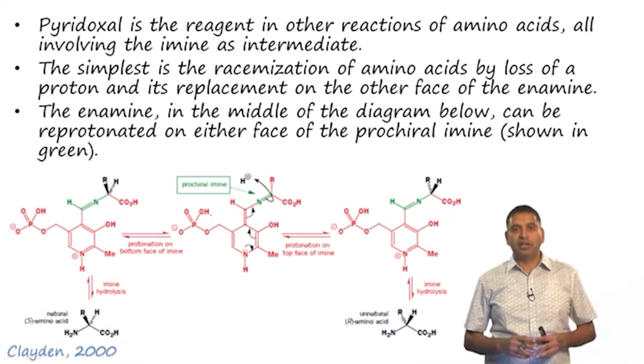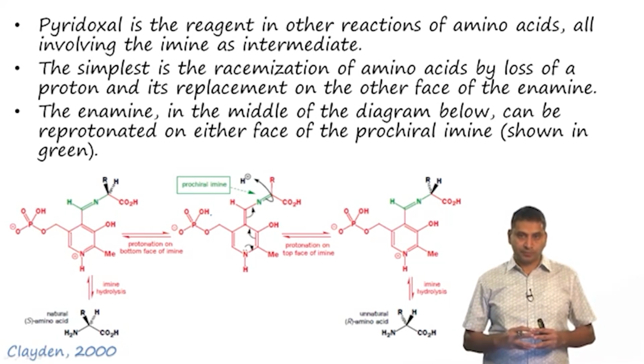The simplest is the racemization of amino acids by loss of a proton and its replacement on the other face of the enamine.